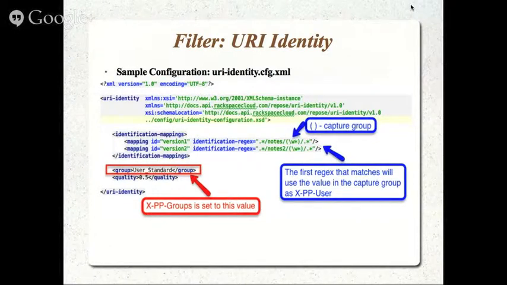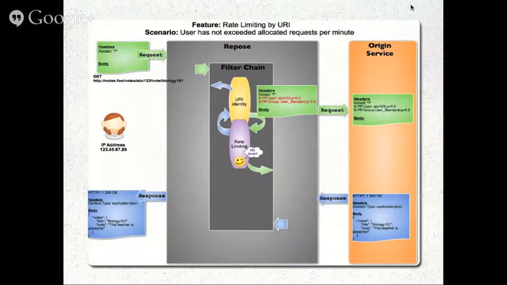Everything that's within /note/ and that next slash is going to be captured, and that way I can pull out that value and use that somewhere else. In the case of this URI identity filter, I'm capturing it to use it as the value of that XPP user.